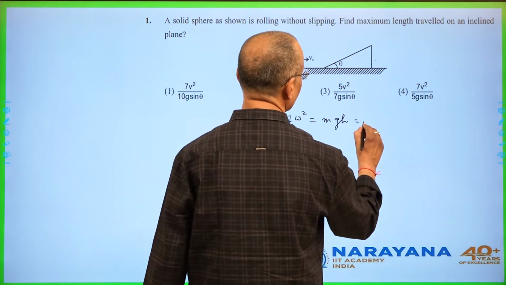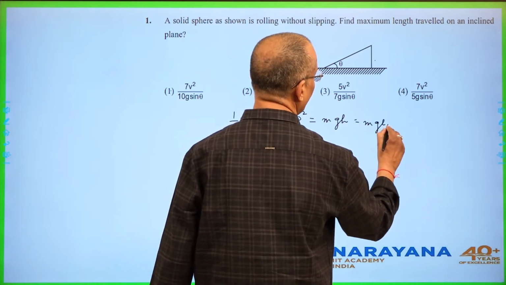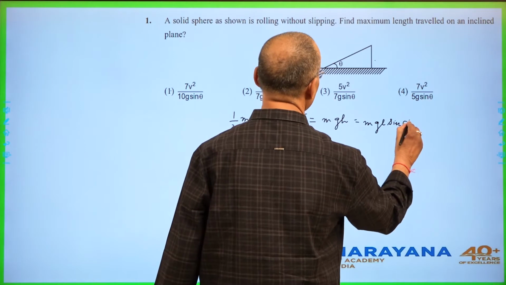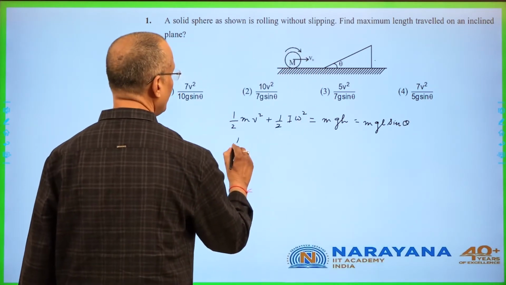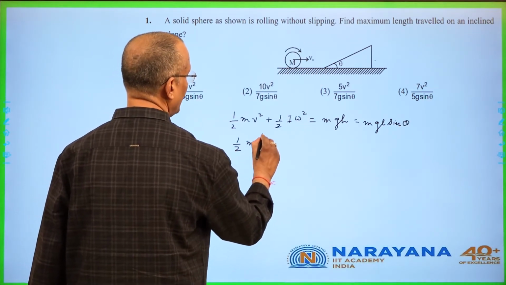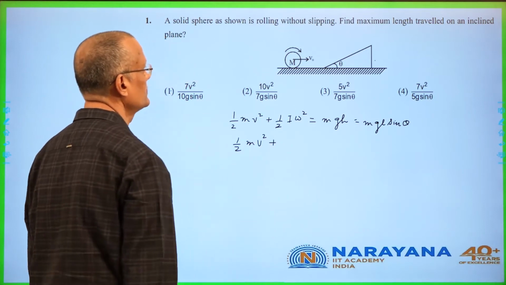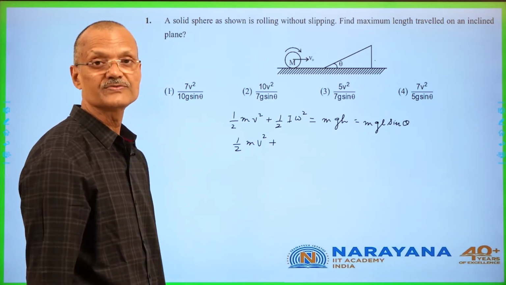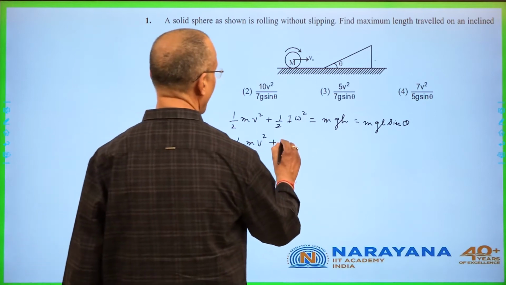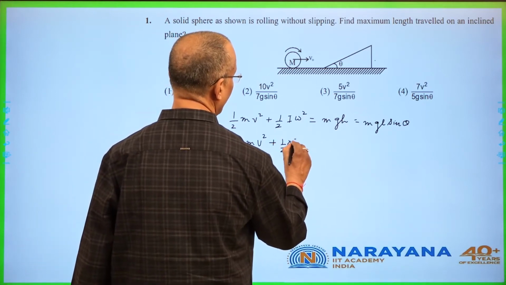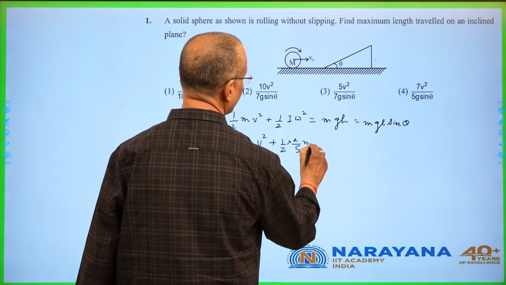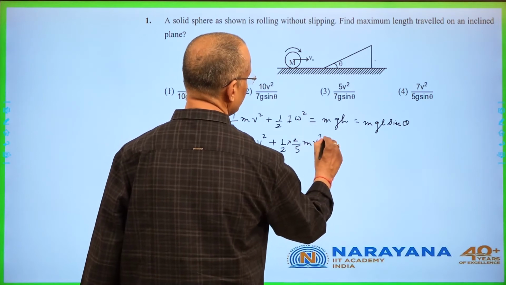So this will be equal to mgL sine theta. Now half mv squared, and for the moment of inertia you check, it is a solid sphere. So it will be half times 2 by 5 mr squared, omega squared means v squared.